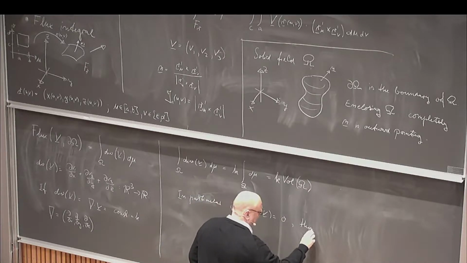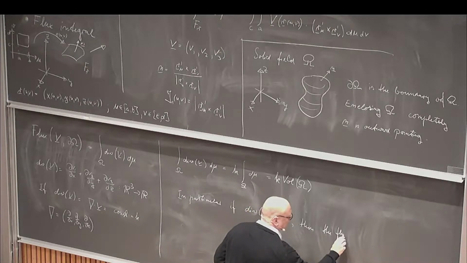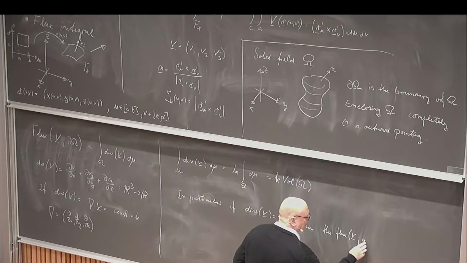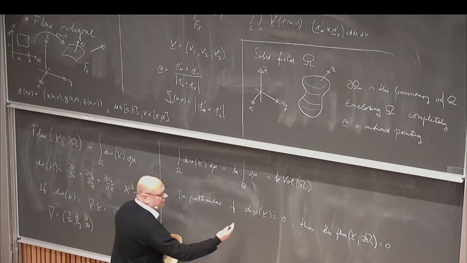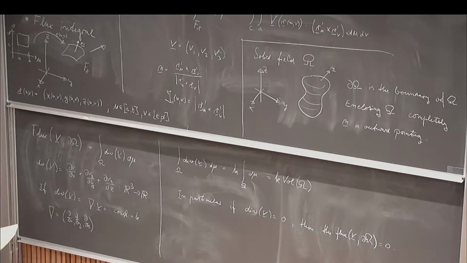Then I could write then the flux, and then I write this, is equal to 0. And if the divergence of a vector field is 0, the vector field is called divergence free.